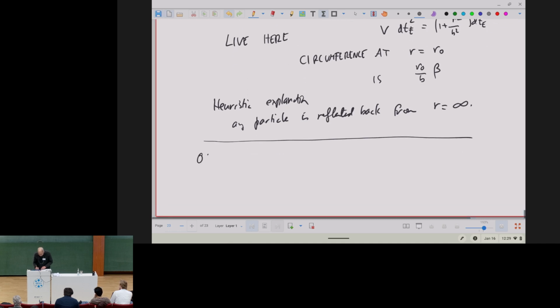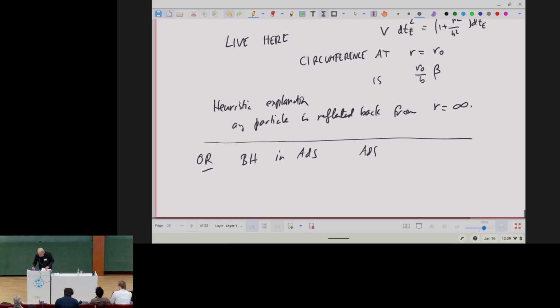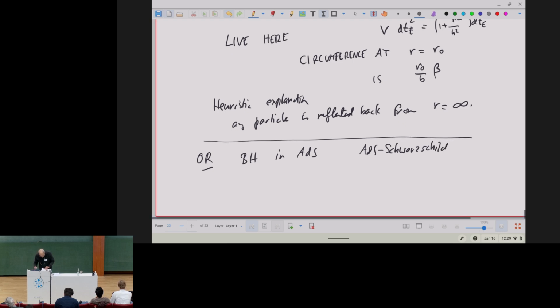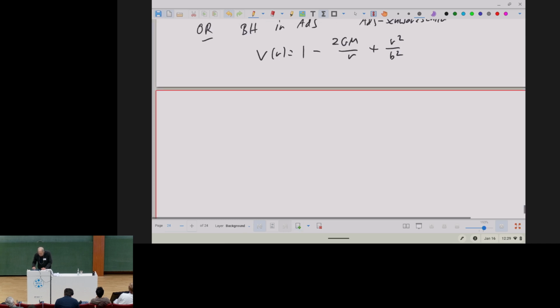Or we can look at the black hole in AdS. So the AdS Schwarzschild solution is given by the same thing, but now V is different. Exactly the same formula, but with a different V, describes a black hole.